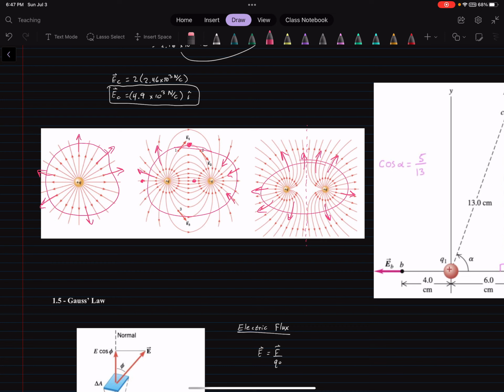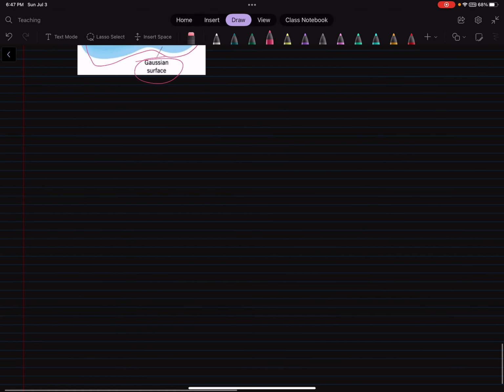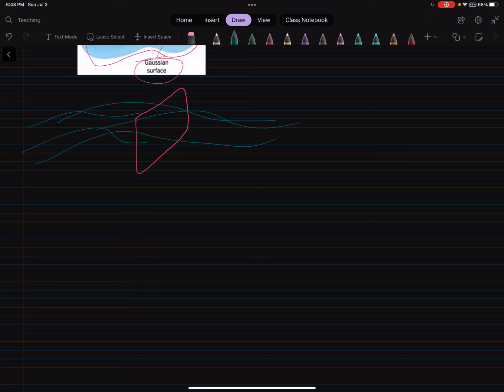So, to describe flux mathematically, we'll start with fluid flux, right? So we kind of talk about electric field as sort of a flow. So we'll talk about if we're actually literally talking about a flow of liquid, like of water. If we have some ring inside of some thing that has water flowing in it, right? So this is like some stream of water, and the water is going through this ring.